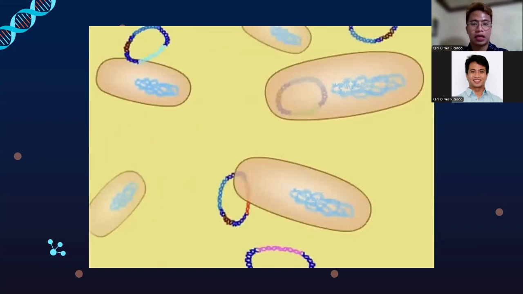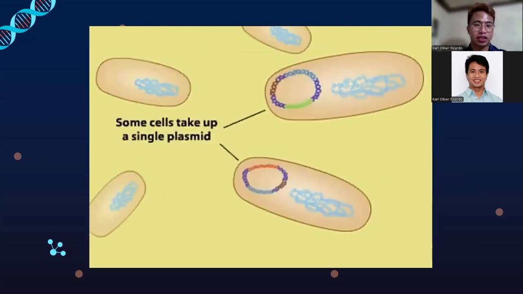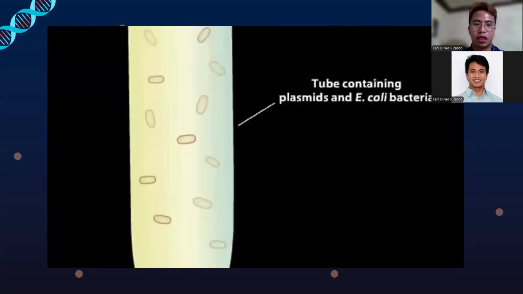And then, again, yung process na tawag na yun is what we call the transformation, wherein a few cells take up the recombinant plasmid, while most other cells do not.